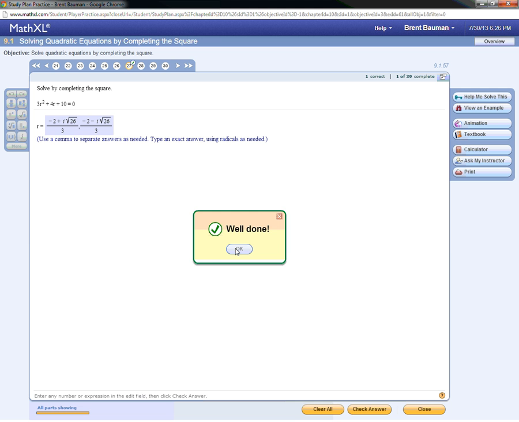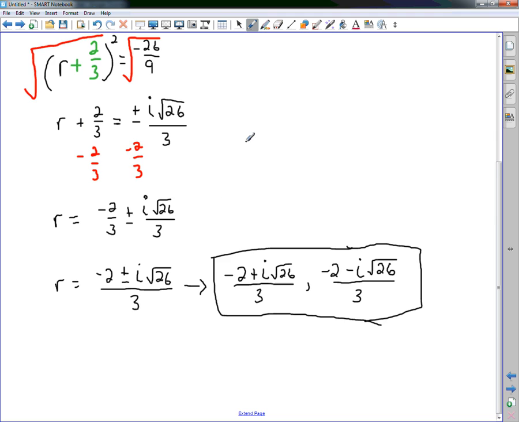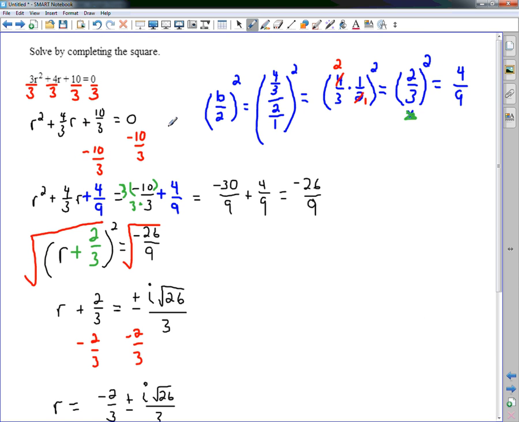Let's talk a little bit about if that was the best option. Up at the beginning, when it asked us to solve by completing the square, we noticed that there was a 3 in front. Well, if I divide that number out and it generates a fraction like this, 4/3, using completing the square is not going to be my number one choice.